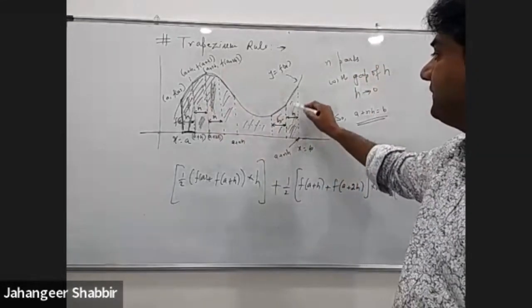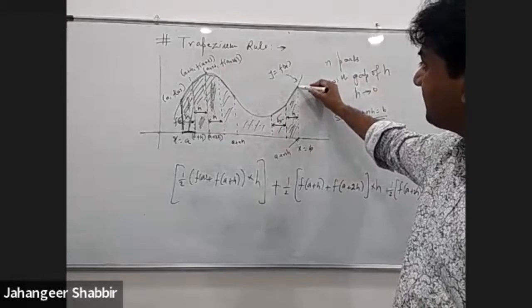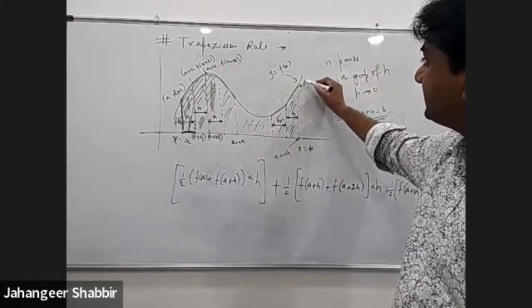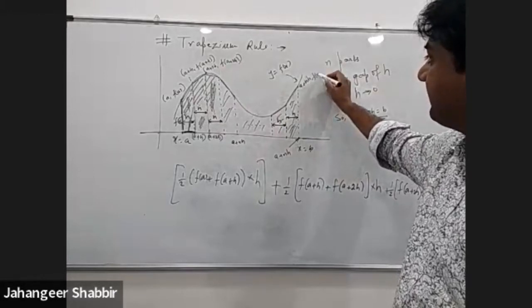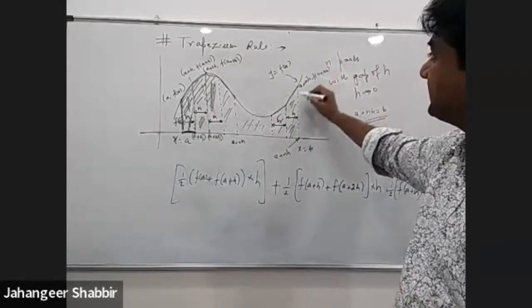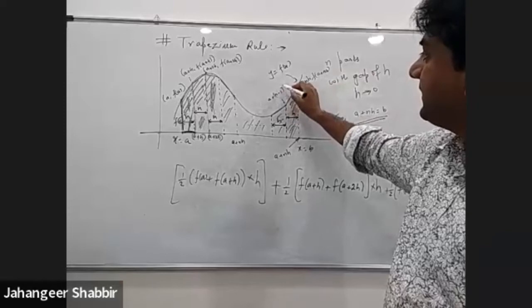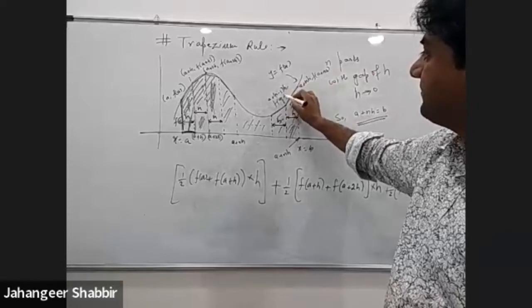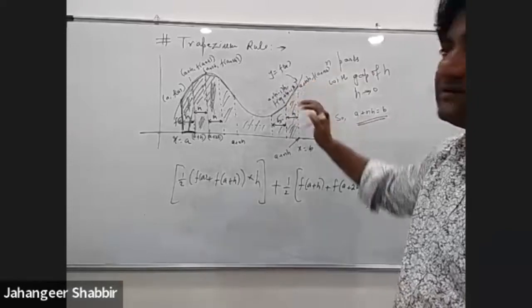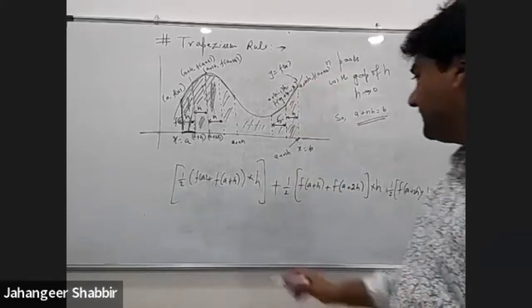Now we have to find the area of this trapezium. By the way, this coordinate will be a plus nh comma f of a plus nh. And this will be a plus n minus 1 h comma f of a plus n minus 1 h, one less, right? So what will be the last one?